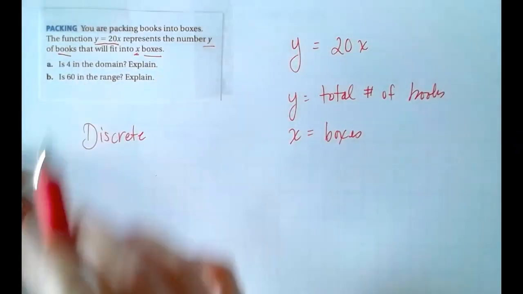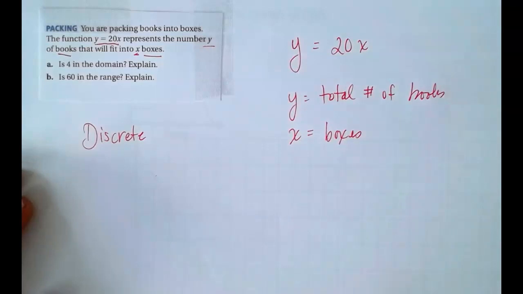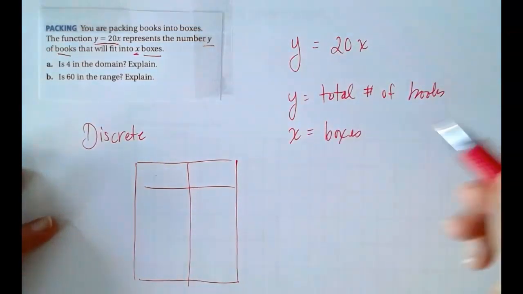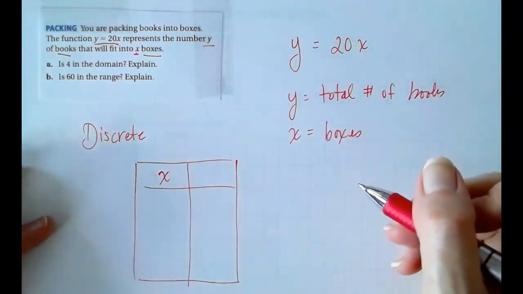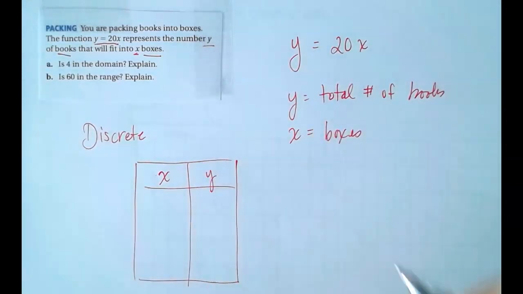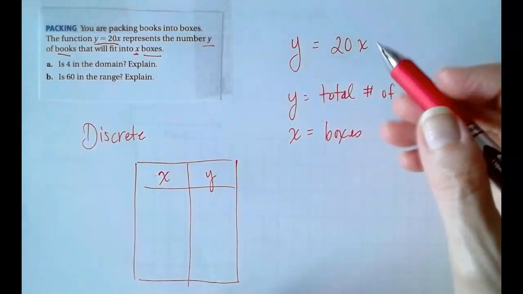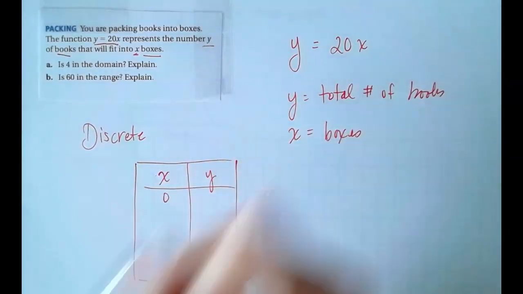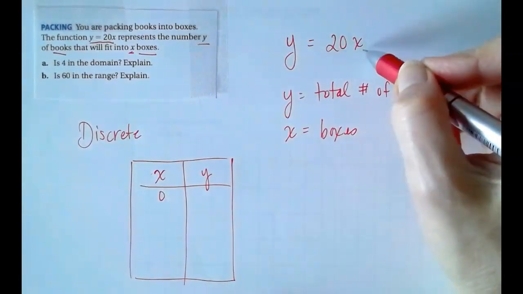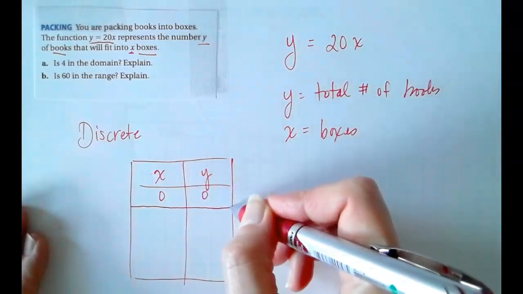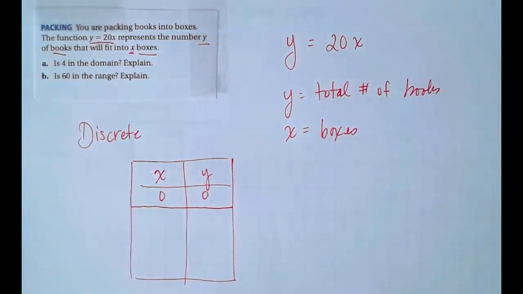So we've got two questions here, but first, let's think about a table of values for just a moment. So x is our number of boxes and y is our total number of books. Now, if our function is y equals 20x, if we have 0 boxes, 20 times 0 is 0 books. Obviously, if we have 0 boxes, we have 0 books. So the number of books is dependent upon the number of boxes.